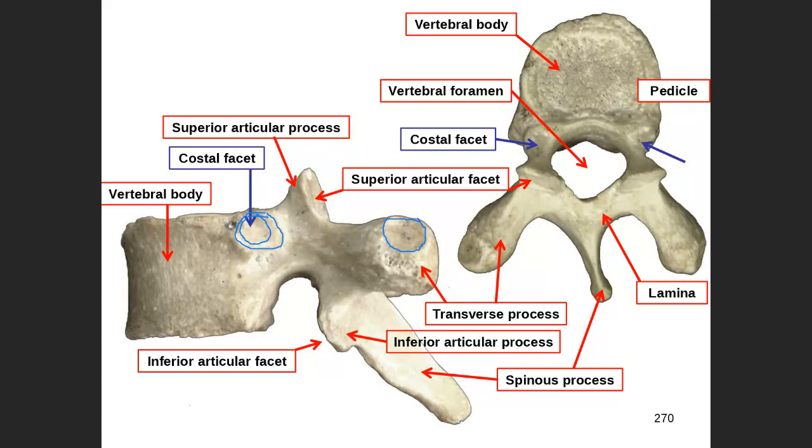So the same rib can potentially articulate with one vertebra in two different spots. It'll make sense when I show you the picture. You'll be like, oh, now I know what you're talking about, Dr. Collins. Inferior articular facet right in here. The whole process right there. Kind of seeing the pattern there?